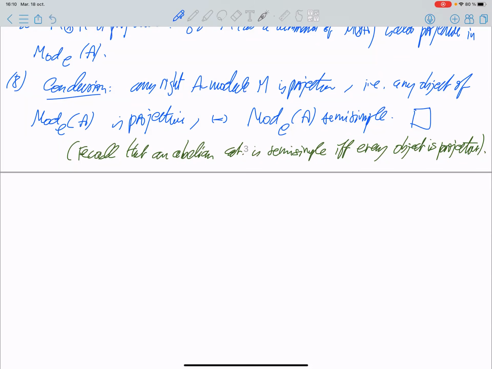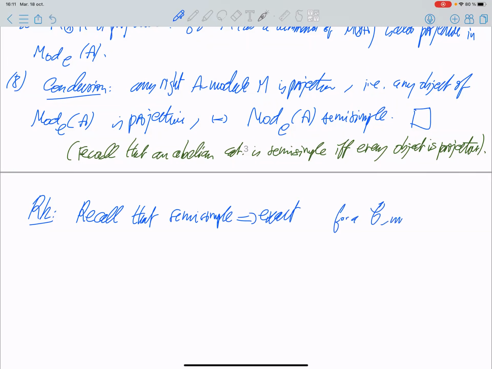Okay. So recall that as a C module category, semi-simple implies exact for a C module category.